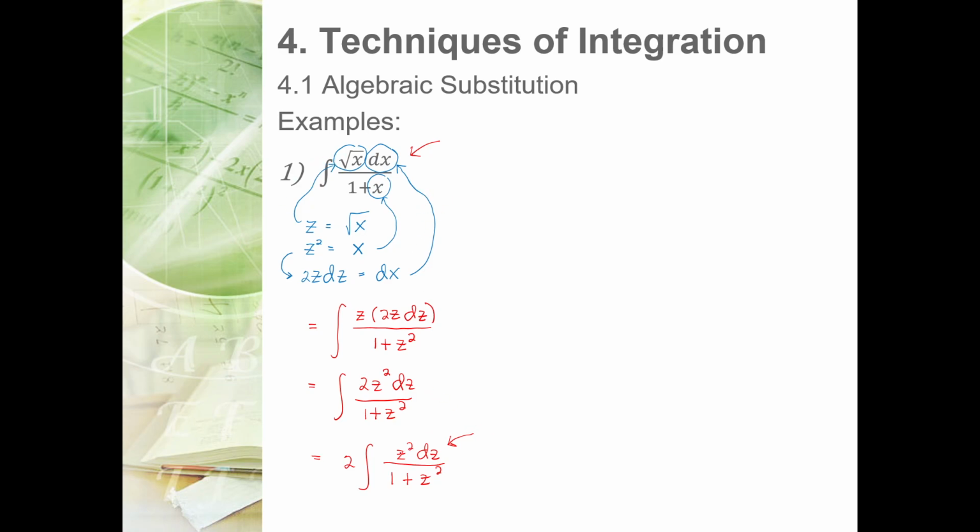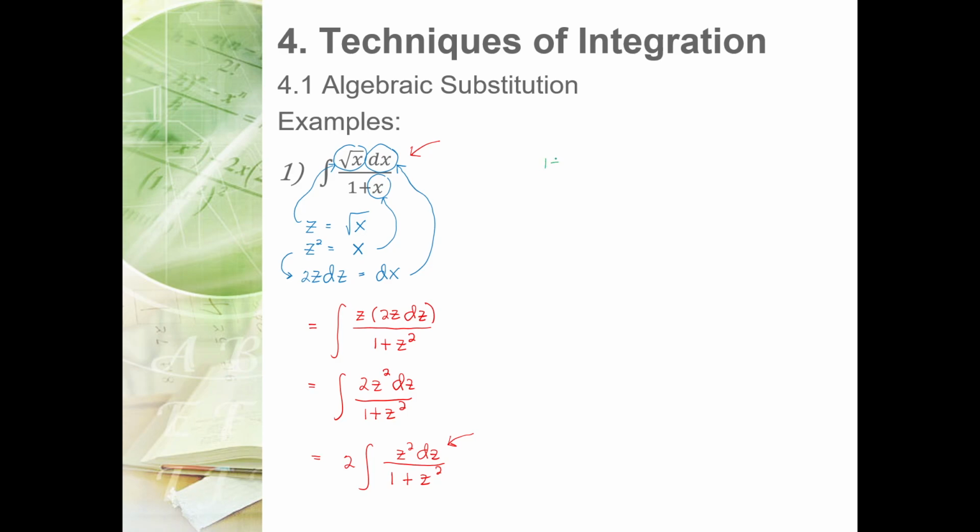Okay, so next step is, since in the numerator the degree of the equation is second degree, and the degree in the denominator is also the same as the numerator, second degree, or let's say it's quadratic, we can use long division. Let's use another color for you to appreciate the long division process. Your numerator is your dividend and denominator is your divisor.